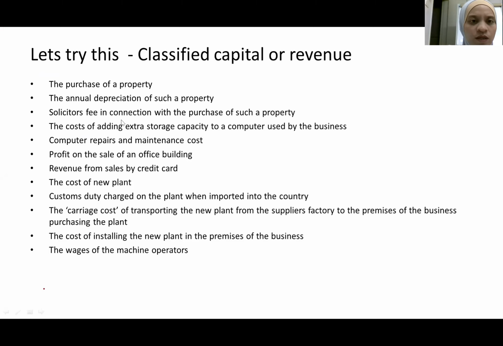So the first one, the purchase of a property. So this is category of capital expenditure.